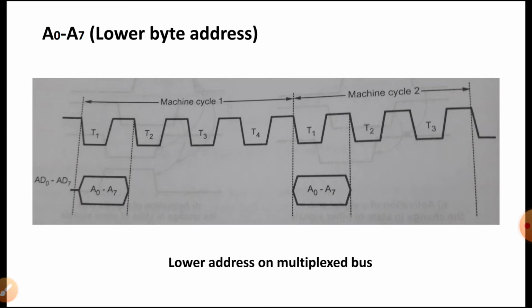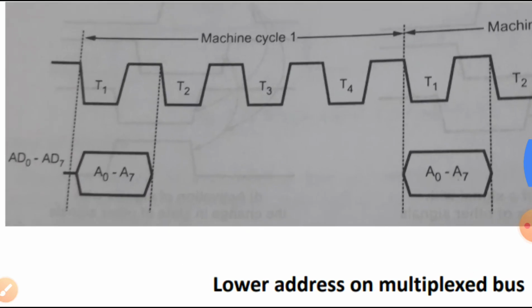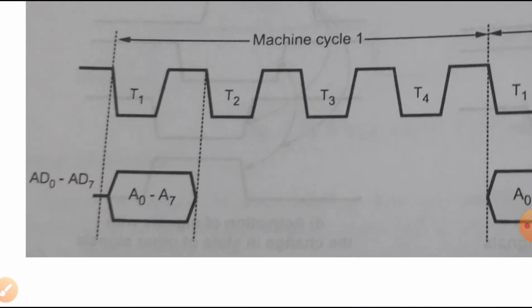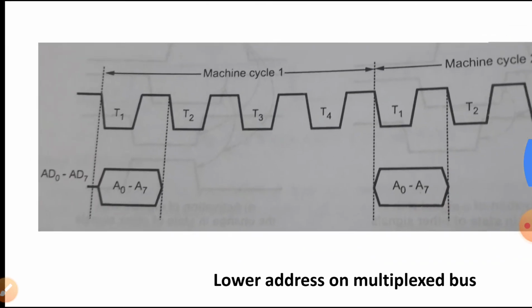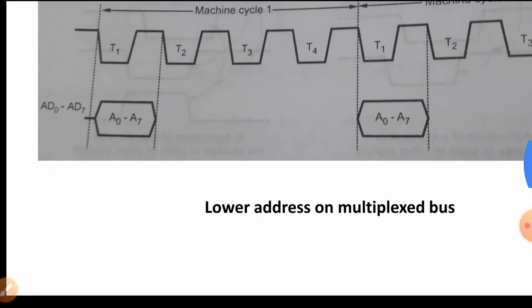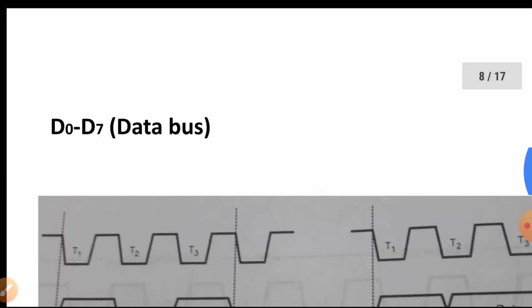Whatever we put as the lower order address is activated in the first T state of every machine cycle, and it remains active only up to the T1 state.